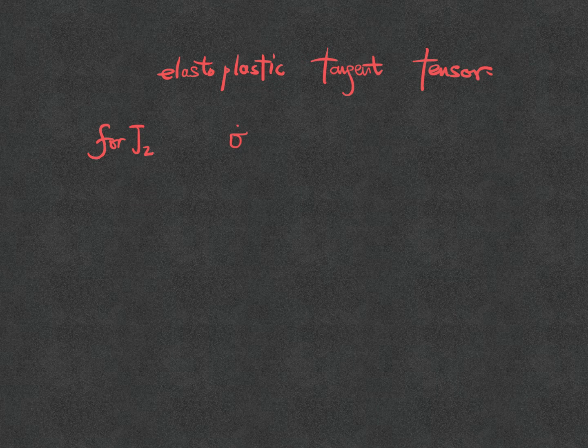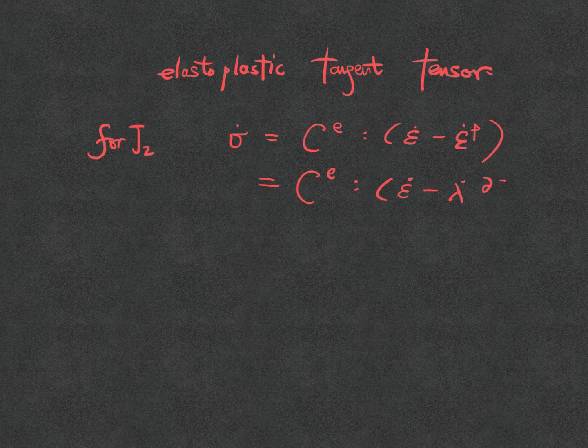The stress rate is equal to CE double dot epsilon dot minus epsilon dot P. In other words, the plastic strain rate doesn't affect the change of the stress, only the elastic part. Now I substitute my knowledge for the J2 plasticity. This allows me to rewrite the plastic strain rate as the change of the magnitude times the direction of the stress. And that would be equal to CE double dot epsilon dot minus lambda dot n.